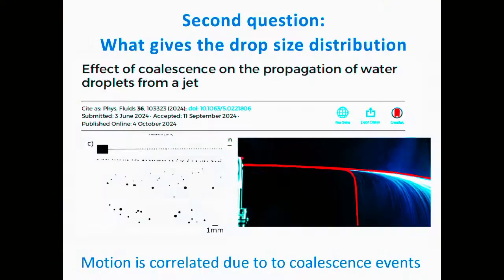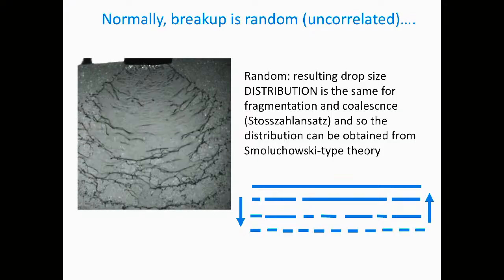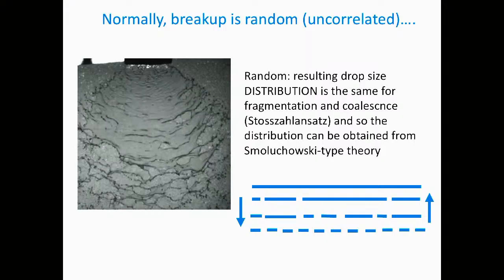The second question is then, what gives the drop size distribution? Here again you see this nice droplet train, but as we go further and further from the nozzle, we get a more and more messy distribution. Normally the gospel for spray formation is that it's all random processes.